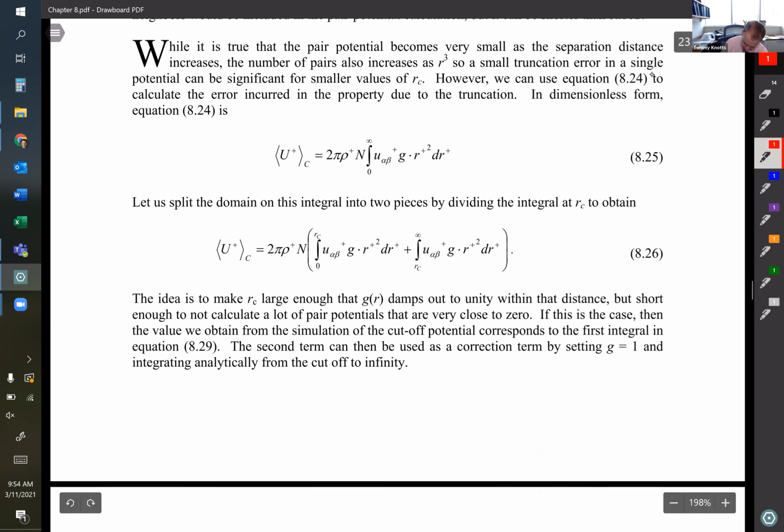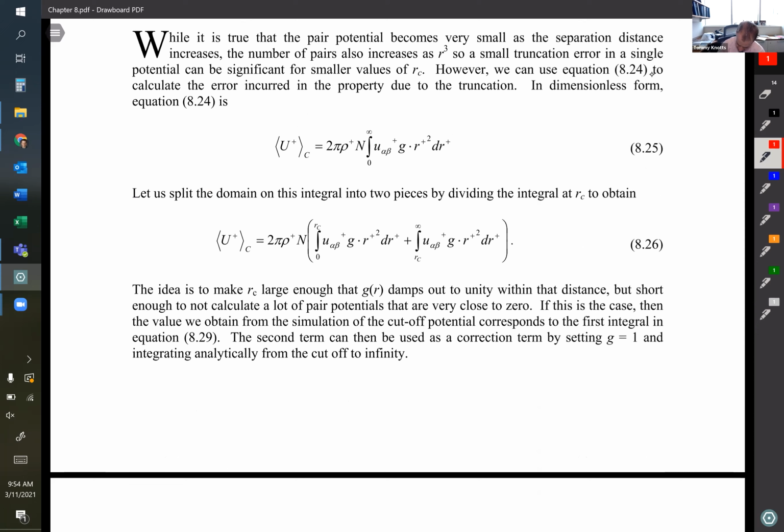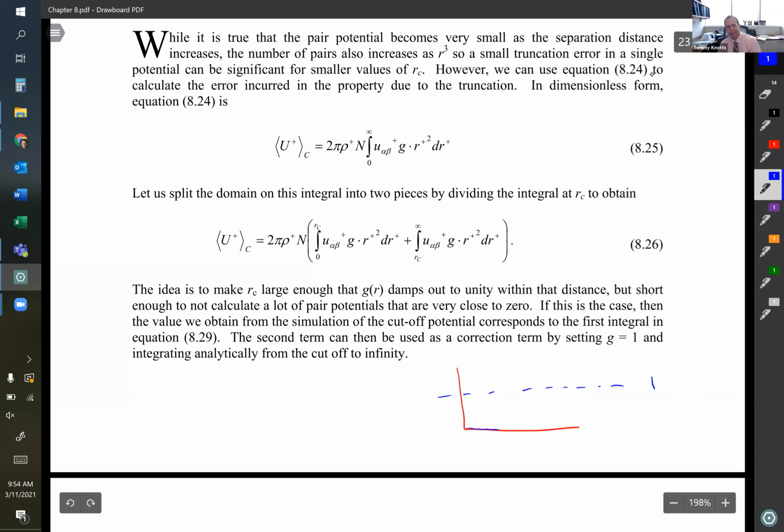The radial distribution function, remember, goes to 1 at long distances. It starts at 0 if I'm overlapping too much, because the likelihood that a particle is going to overlap totally is very small. But for a soft potential like Lennard-Jones, it starts overlapping a little bit right around 0.8 sigma.